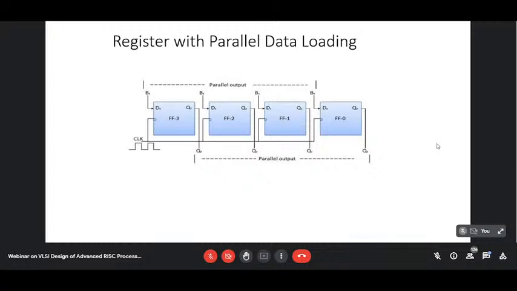You take a high-pass RC circuit, C and then R, and you give the clock as input. The output will be the differentiated form, which gives you the edge. At this edge, the data you are giving at the input will be loaded or stored. And the same data you can get from Q0, Q1, Q2, Q3. These are the output lines.